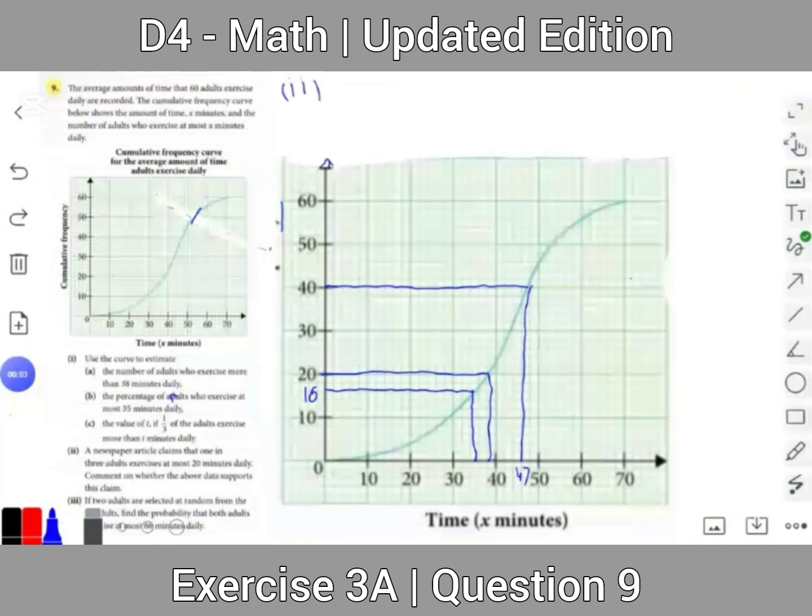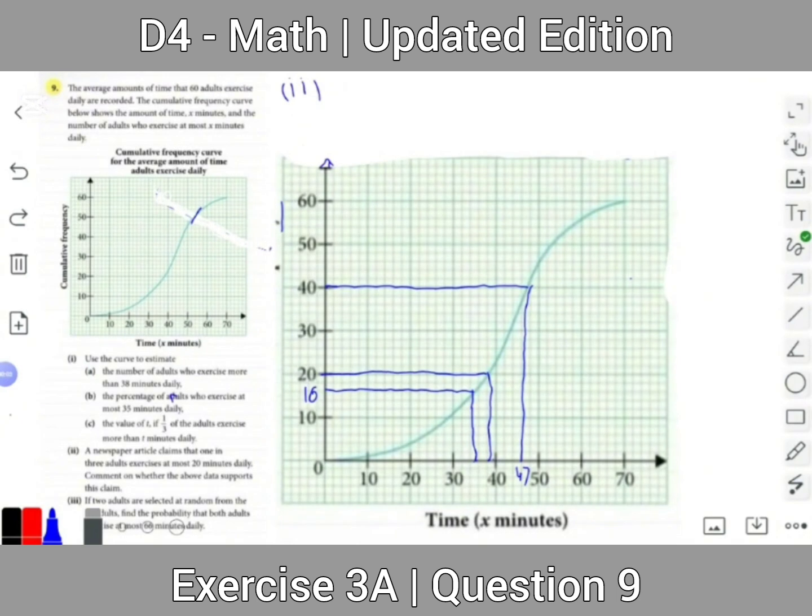Part 2. A newspaper article claims that 1 in 3 adults exercise at most 20 minutes daily. Comment on whether the above data supports this claim.